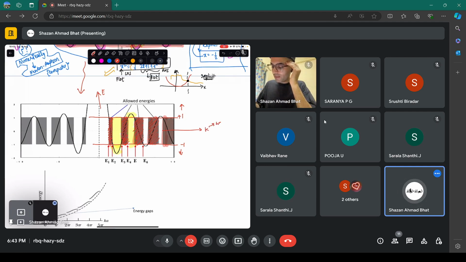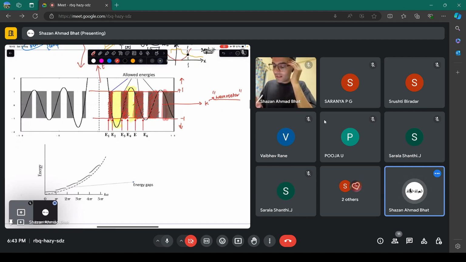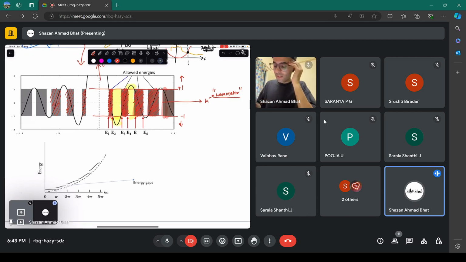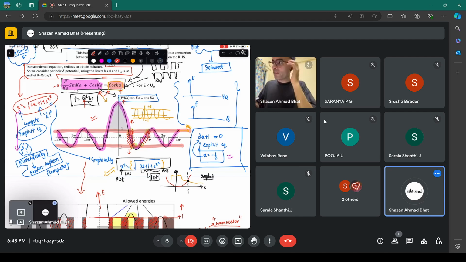You get a plot which shows that energy is making certain bands at certain values. And that is also happening on the other side, just from the simple maths. These are the allowed values of energy, which satisfy the left hand side and the right hand side of this equation.